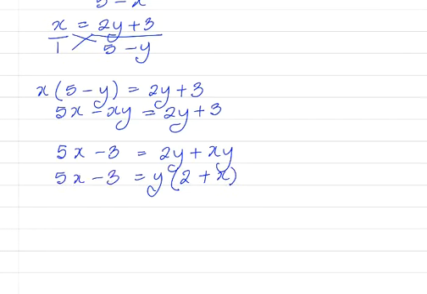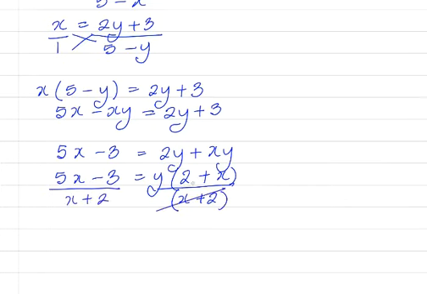So remember my objective is to make y the subject. So I need to have y by itself on one side. I'm going to divide by x plus 2, which is the same as 2 plus x. Do the same thing over here, x plus 2.